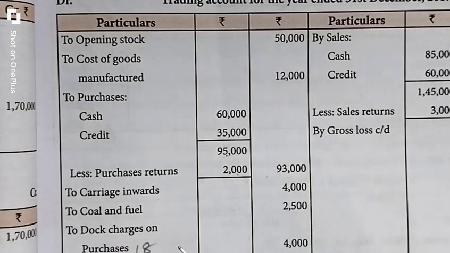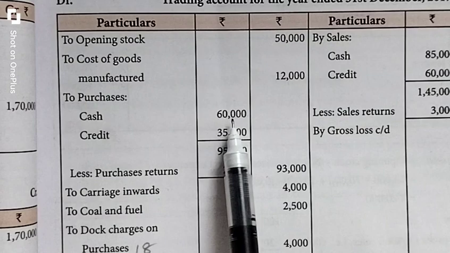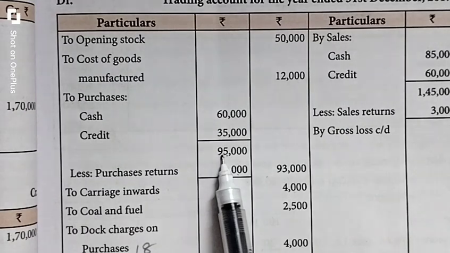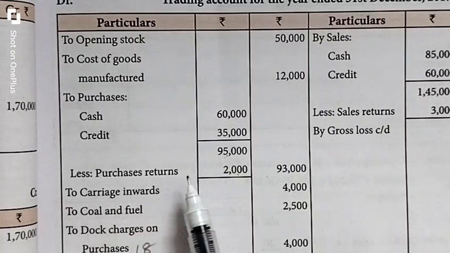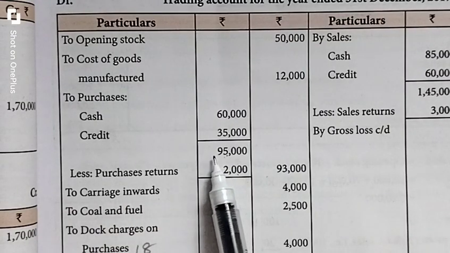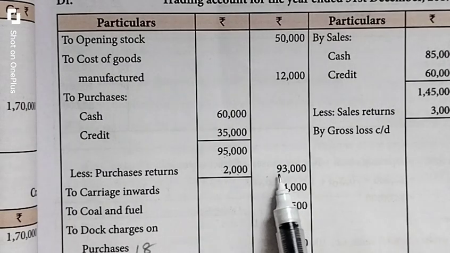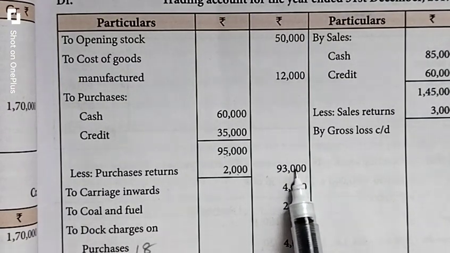On purchases, cash purchases and credit purchases, we have entered in the inner amount column and added those two amounts and entered the total purchases amount in the inner amount column. Then we have subtracted purchases return from the purchases amount. Then the final net purchases amount is entered in the outer amount column, right? On the debit side of the trading account, right?